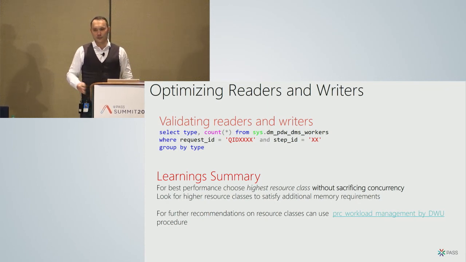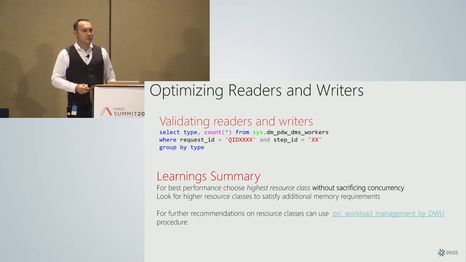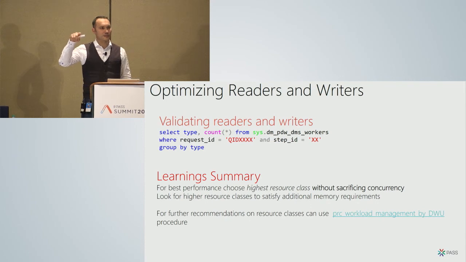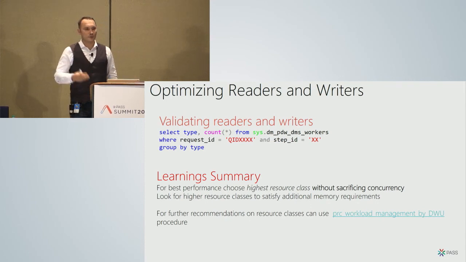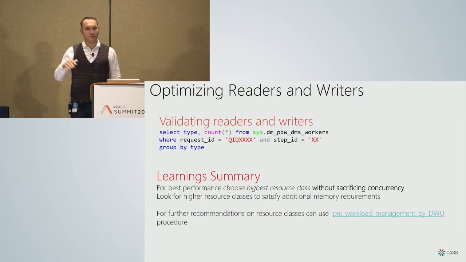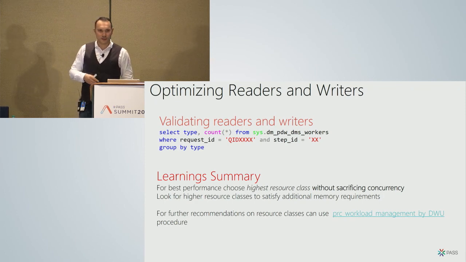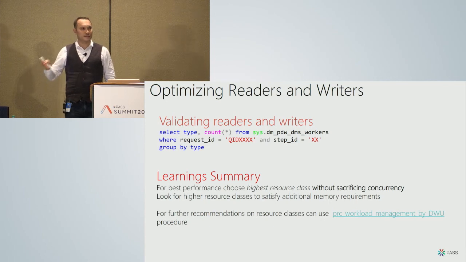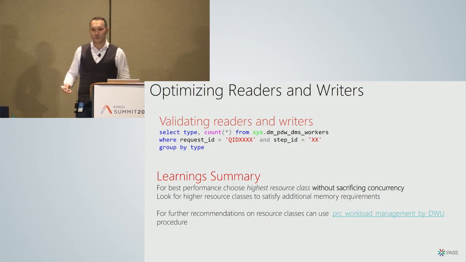If you talk about, let's say, initial data loading, try to use the highest resource class, which gives you the best performance. And if you use static resource classes, you can actually benefit from concurrency, because you can balance the amount of resources utilized by the data ingestion process, with some resources left for querying and so on.